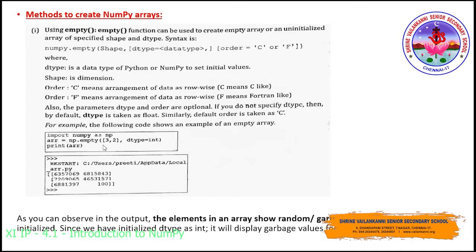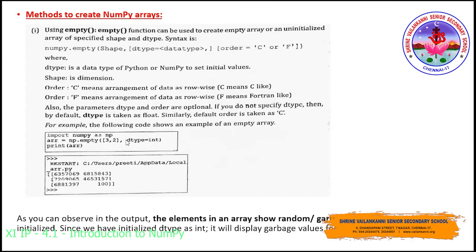Let us discuss an example related to this. Import numpy as np. As usual, to import NumPy from the Python library we make use of this import statement, followed by that, array is a variable, and for that variable they have used this empty method. np.empty of 3, 2 they have provided, with the data type as int.